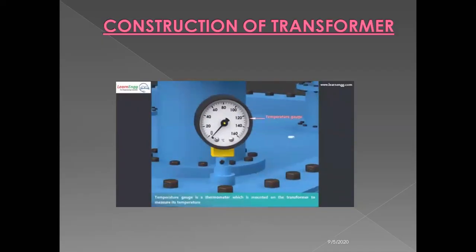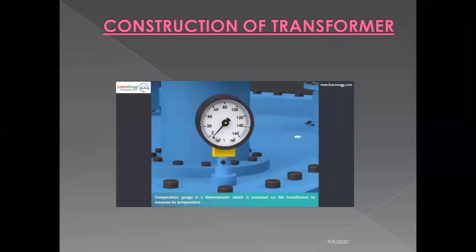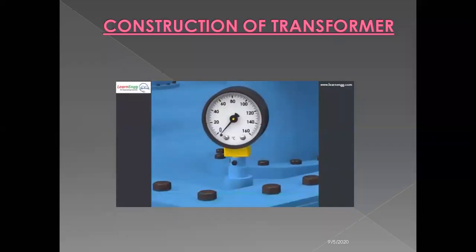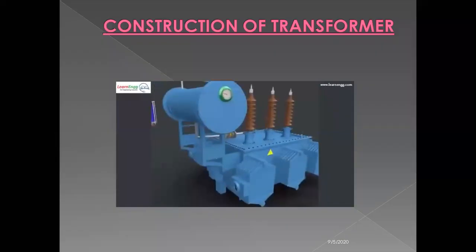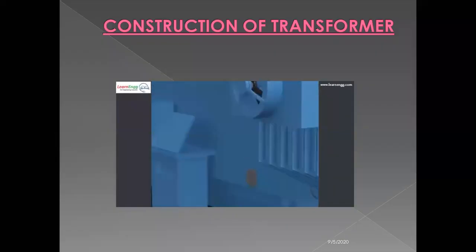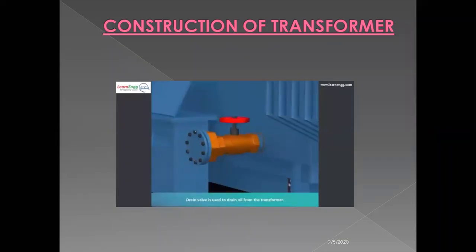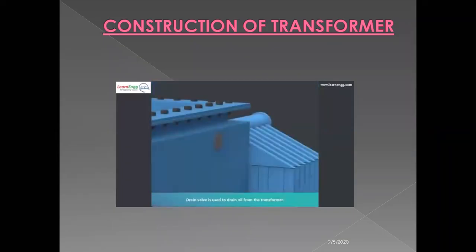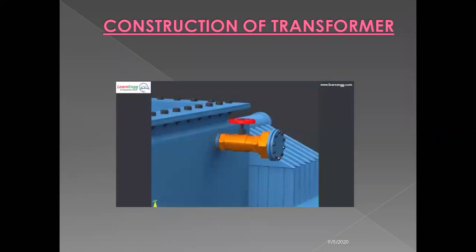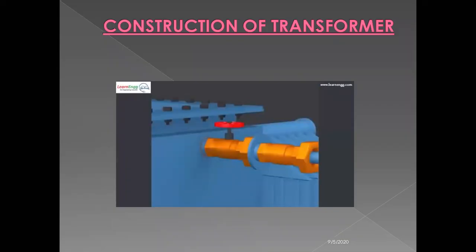Temperature gauge is a thermometer which is mounted on the transformer to measure its temperature. Drain valve is used to drain oil from the transformer. Oil is used for cooling purpose.